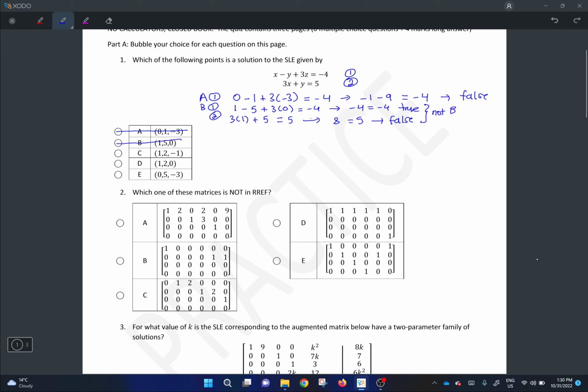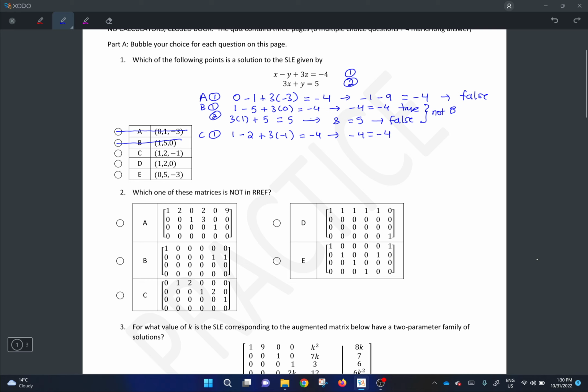We'll go to option C. Plug into equation 1 first. Get 1 minus 2 plus 3 times negative 1 equals negative 4, so we have 1 subtract 2, so negative 1. Negative 1 plus negative 3, that's negative 4 equals negative 4.